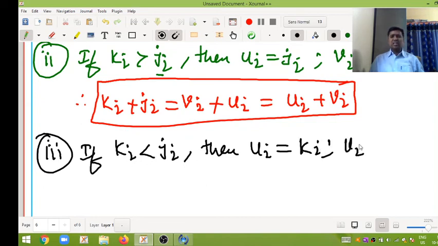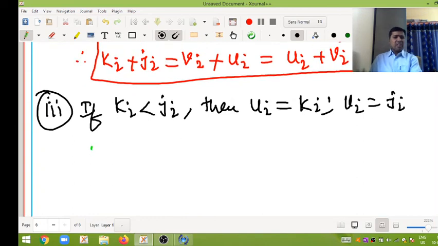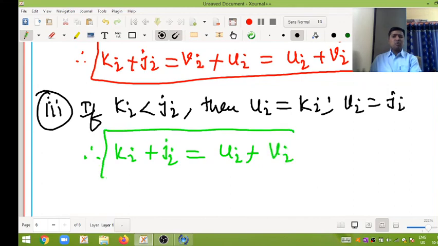Okay, vi is equal to maximum of ki comma ji. In these two, the maximum is ji. So now what is the value of this one? Ki plus ji is equal to ui, which is ki, plus vi, which is ji. So in all three cases this one is proved, my dear friends.